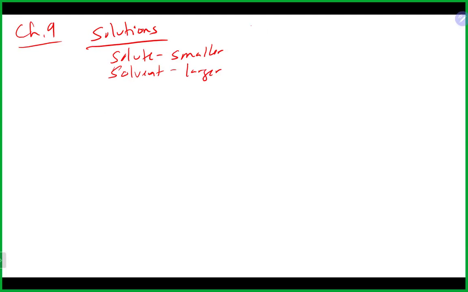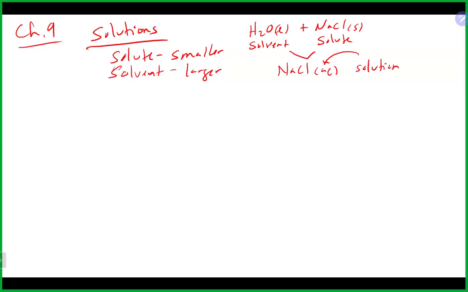So, for example, if we had water and some sodium chloride solid, this would be our solute. This would be our solvent. The sodium chloride would dissolve in the water, and that would make basically an aqueous solution. And that's usually what the aqueous sort of means of sodium chloride.